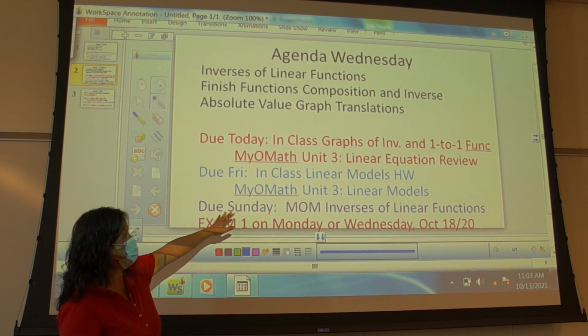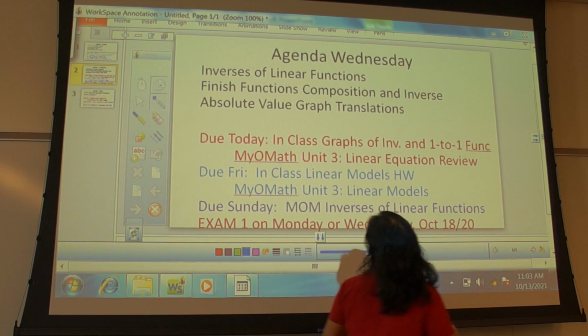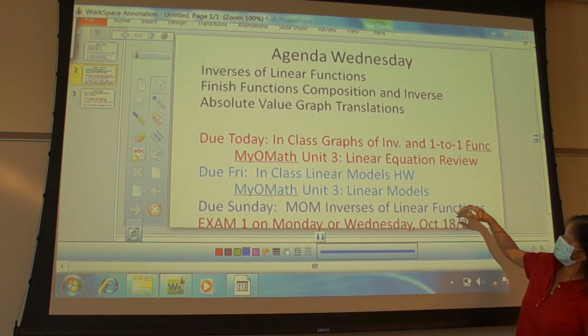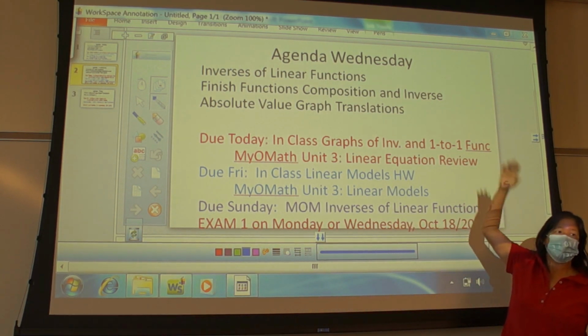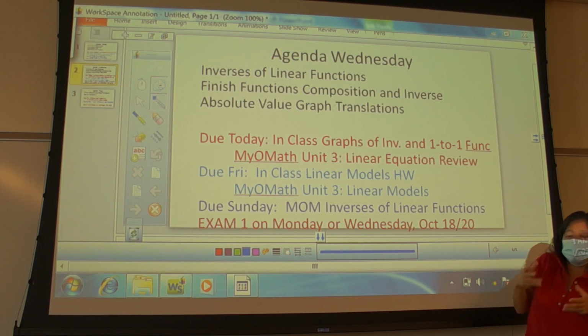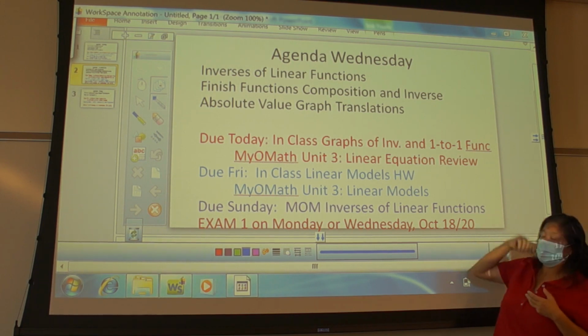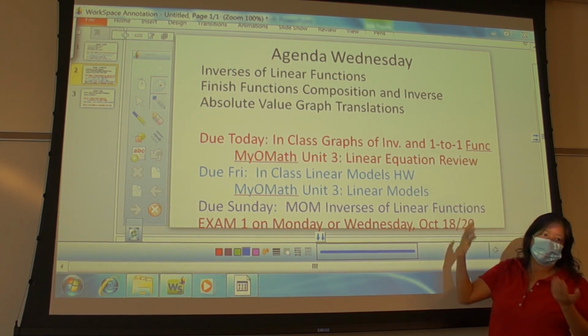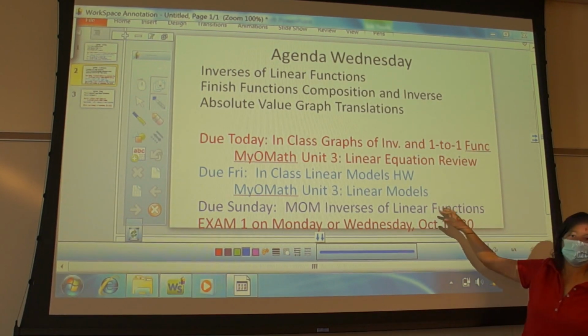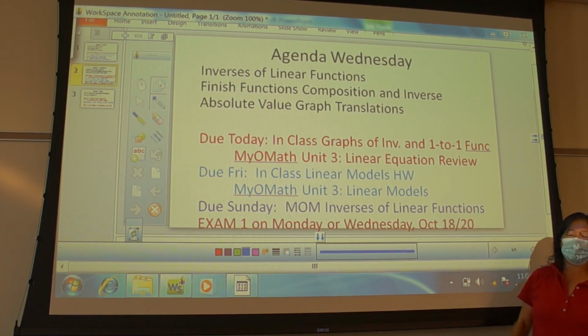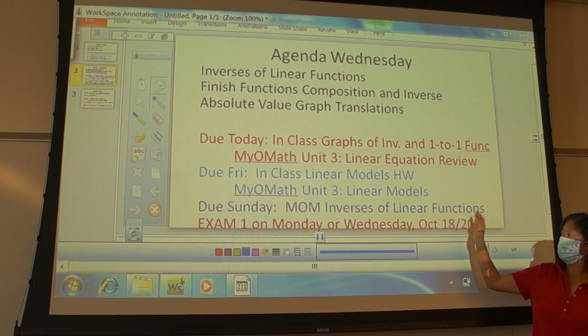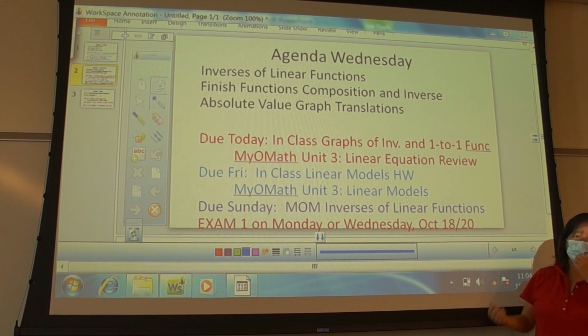And really, the homework that was due last time had 8 of these inverse problems in it, and you guys weren't ready for those there. I put them in the wrong spot, so I shifted them down to here. So this is just the continuation of that Chapter 2, or Unit 2 homework that had these problems in it. So it's just 8 problems, working on inverses again, finding inverses.